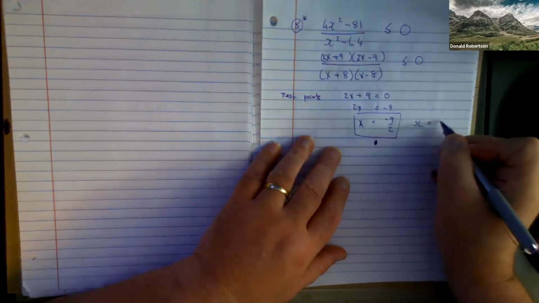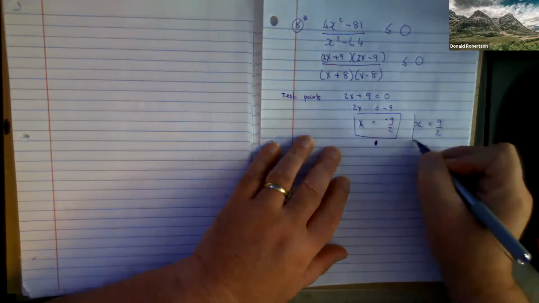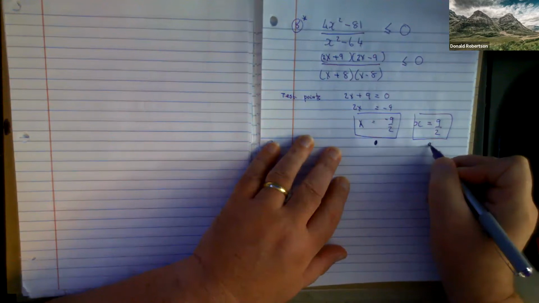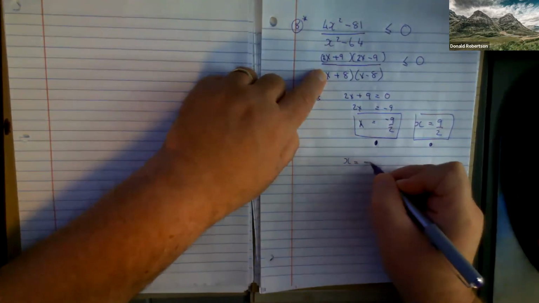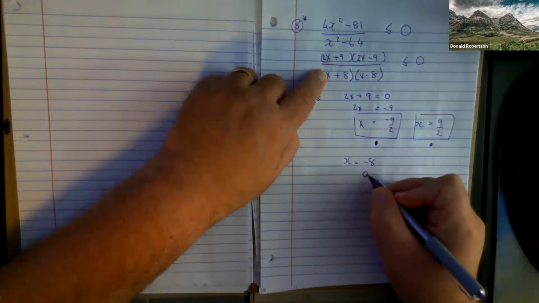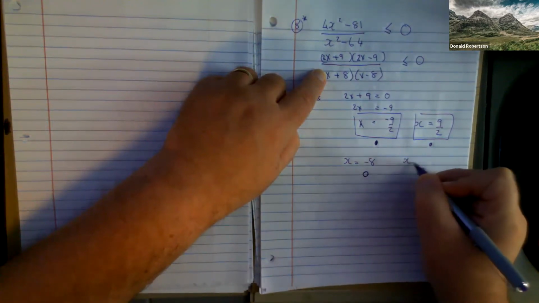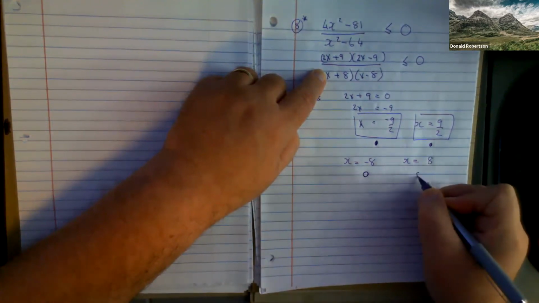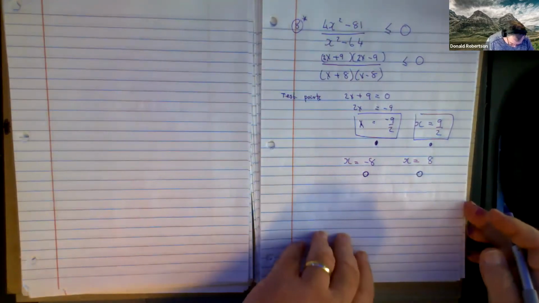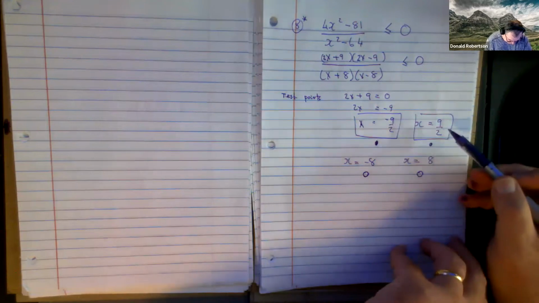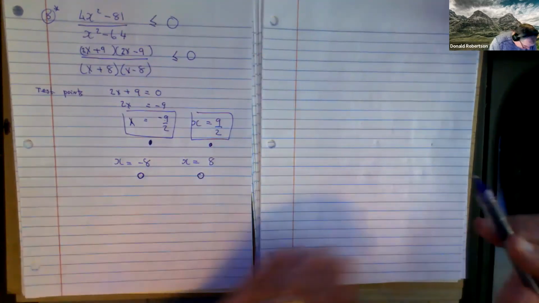And can you trust me that the other one is plus 9/2, and you can use it. And the bottom two, well, x equals negative 8, but you cannot use it, open circle, and x equals positive 8, you cannot use it, open circle. So we have 4 test points, plus or minus 9/2, plus or minus 8.